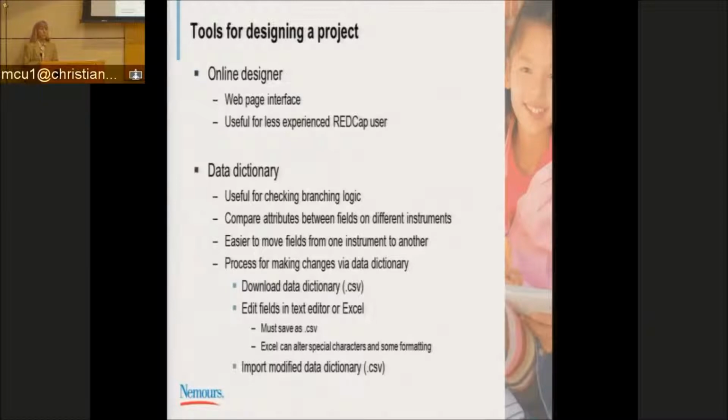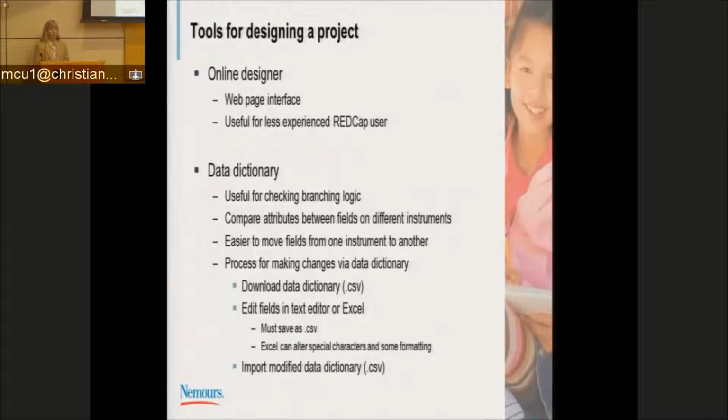You can also use a data dictionary, and using a data dictionary is very useful if you want to check a lot of your fields at one time, because you can see more of the data of the design in a spreadsheet format. You can compare attributes between fields that are on different instruments, which is very difficult to, well, actually impossible to do with the online designer. You can easily move fields from one instrument to another.